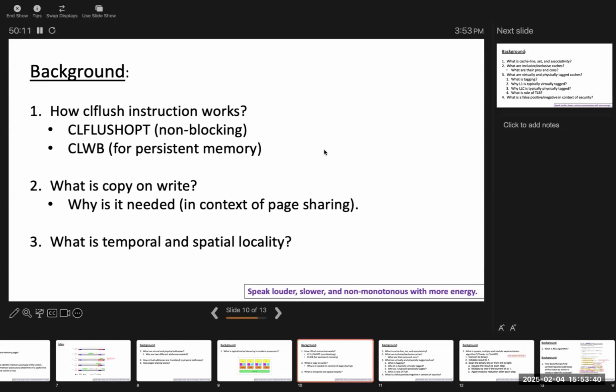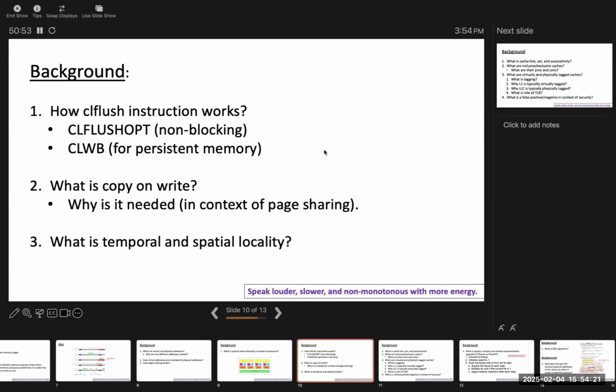If the data is copied from L1, L2, L3 to memory, it is evicted from here and written down into the memory. Memory is a different chip, and remember, whenever you cross the chip boundary, it takes more time for the data to travel. So it will take time for CLFLUSH to write the data, and all these instructions will be blocked, waiting for the CLFLUSH to complete before they can execute. That slows down your program's execution, even if they don't have any dependency on this address.